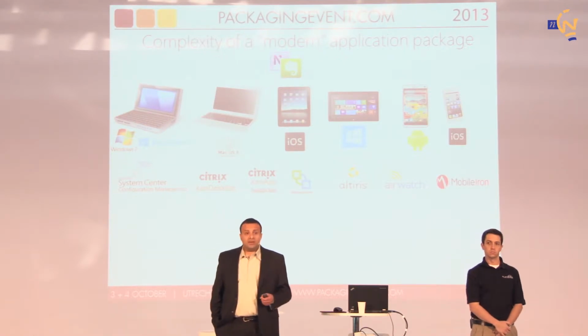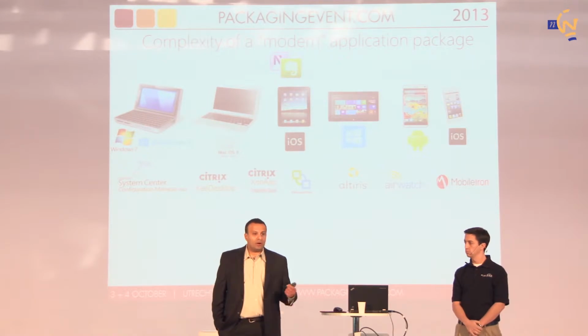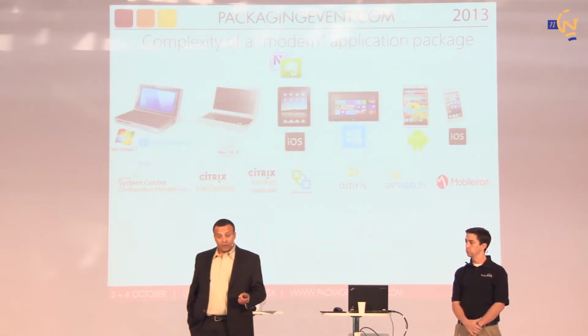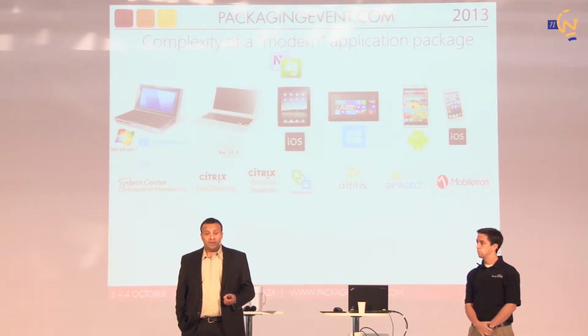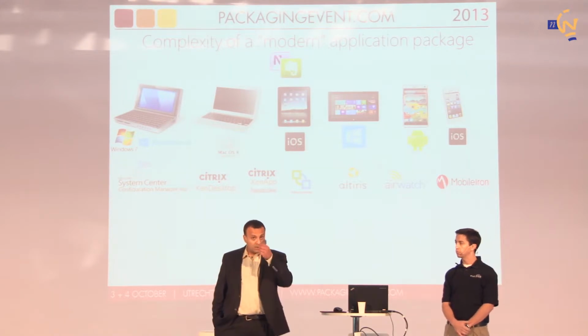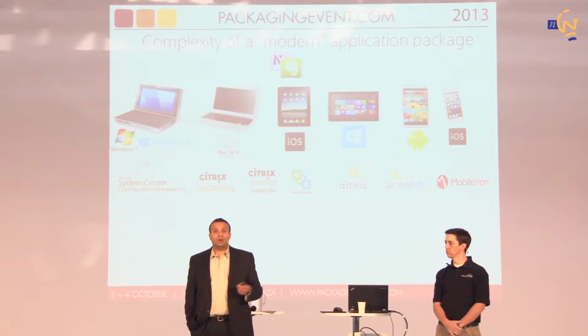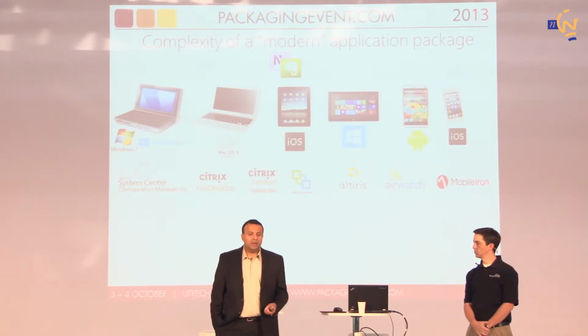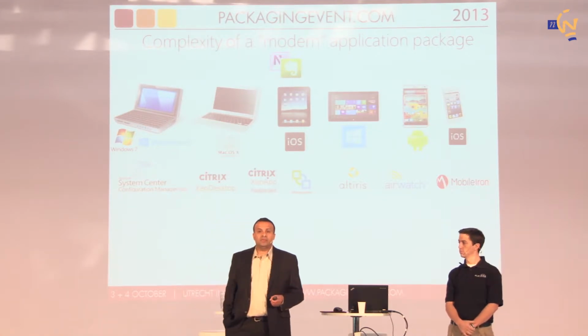Citrix XenDesktop and Citrix XenApp are two VDI options that are offered by Citrix. VMware View is a VDI technology from VMware. You could deliver applications in a VDI session that could potentially run on the Mac or any of the other devices. Altiris is another application configuration management system, just like System Center.